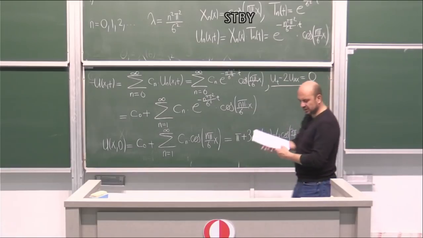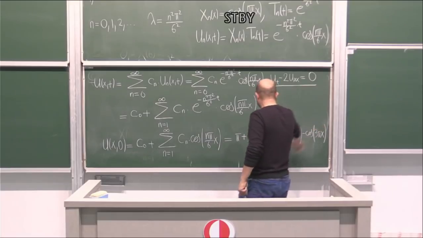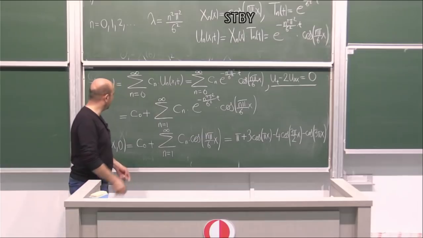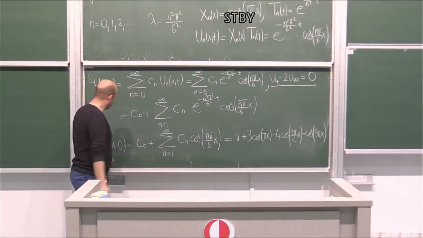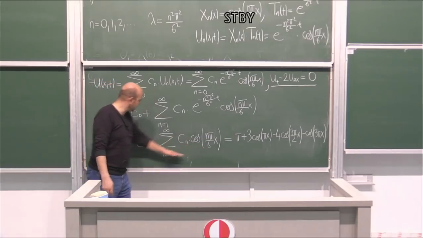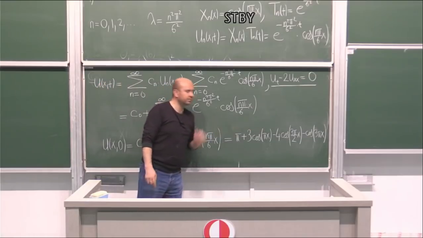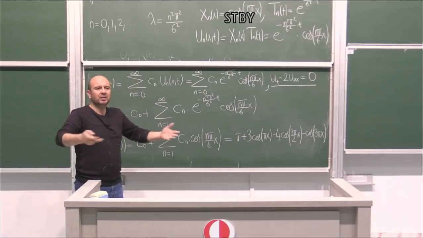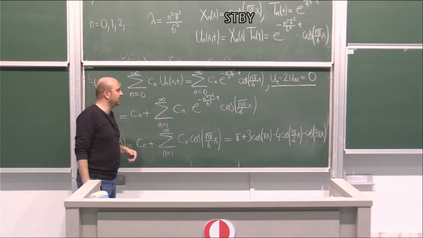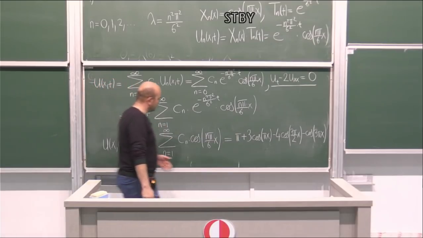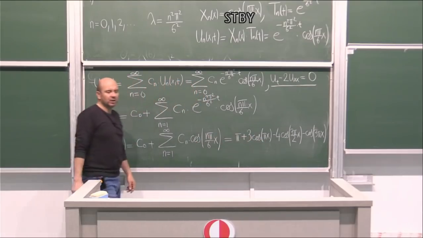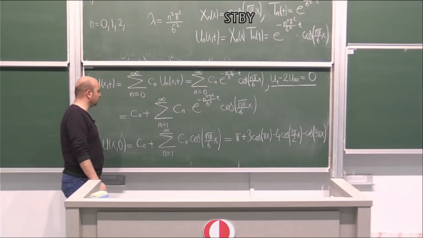So if you look at this now, on this side you see basically a cosine series also, but only with finitely many terms. And here also we are trying to find a cosine series of this function. So if your function is already expressed in terms of cosine with finitely many terms, then by just matching the coefficients, you can write the cosine series.